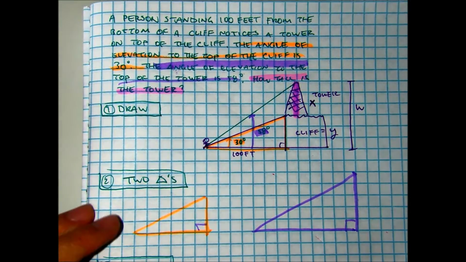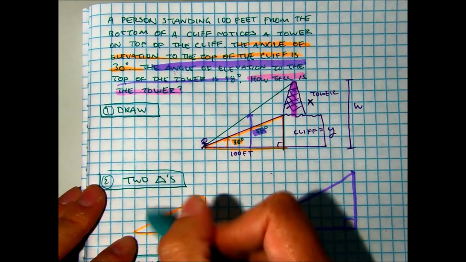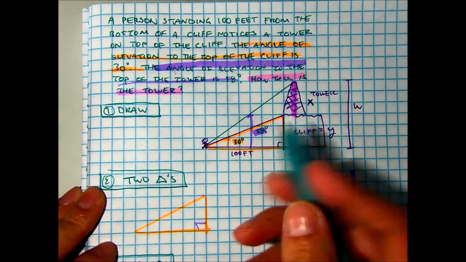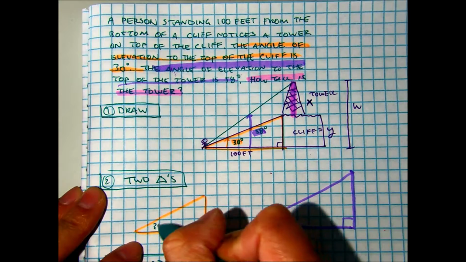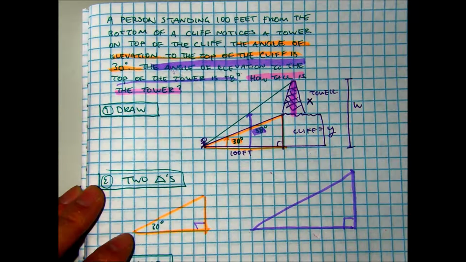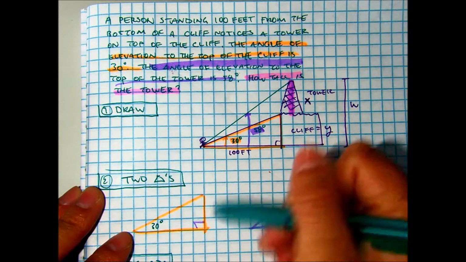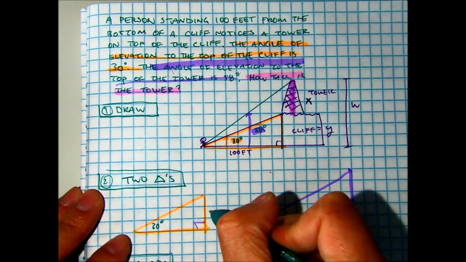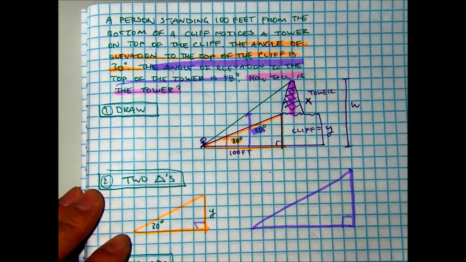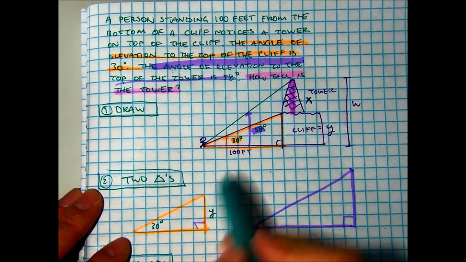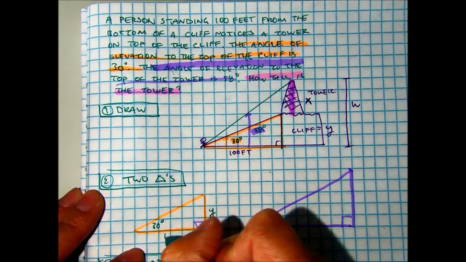Let's label the orange triangle. What's my angle of elevation? 30 degrees. This over here represents the cliff, right? Y. And this distance here is 100.